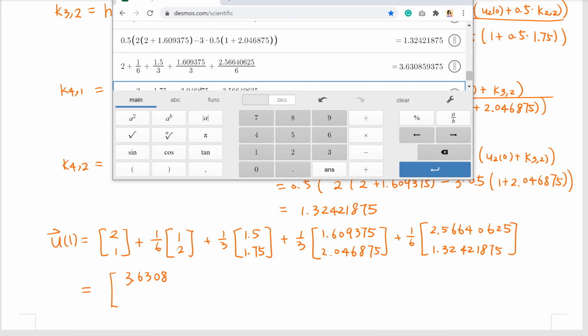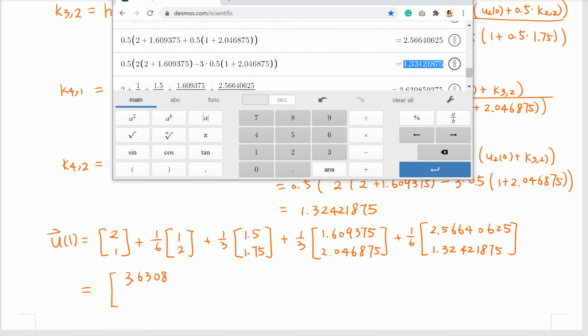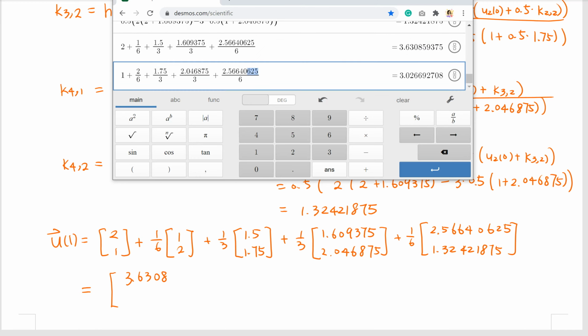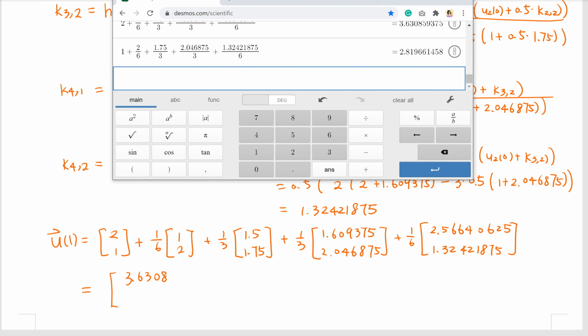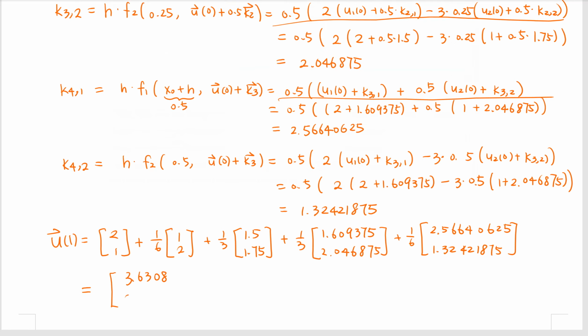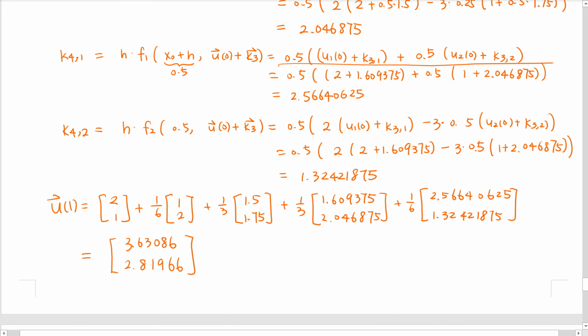Next one is 1.32. I got this number, copy and paste here. See? Yeah, so compare and change the numbers. We can save some work. So 2.81966. So far, so good. This is only the first step.